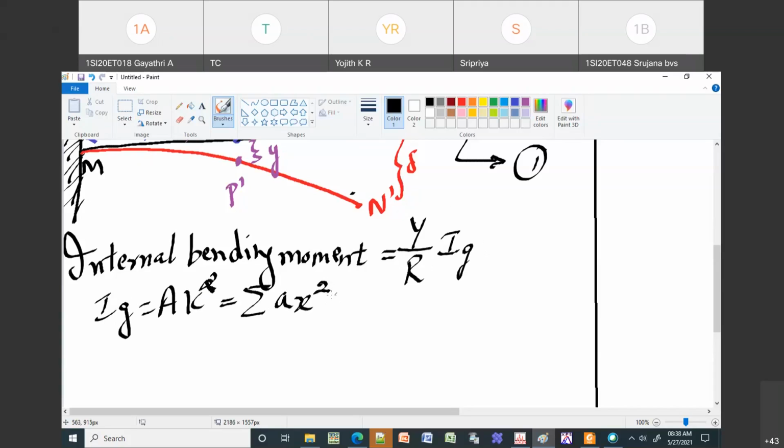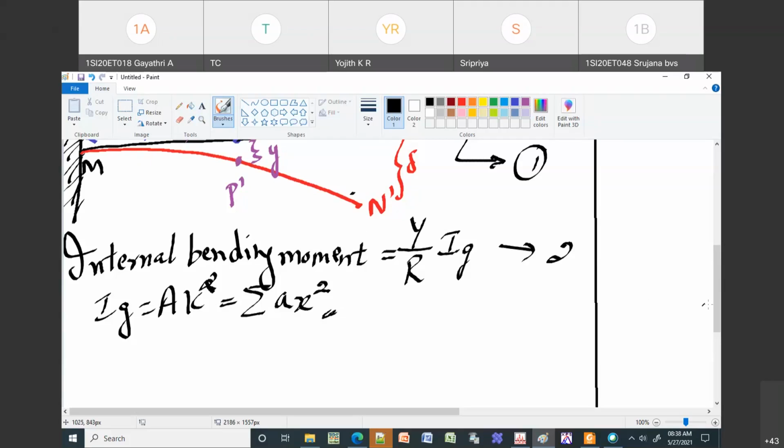If it is a rectangular one, then it is b d cube by 12, and if it is a cylindrical one, then it is pi r to the power 4 by 4. So this changes with the geometry or shape of your beam. This is your internal bending moment, and I will call this equation 2.